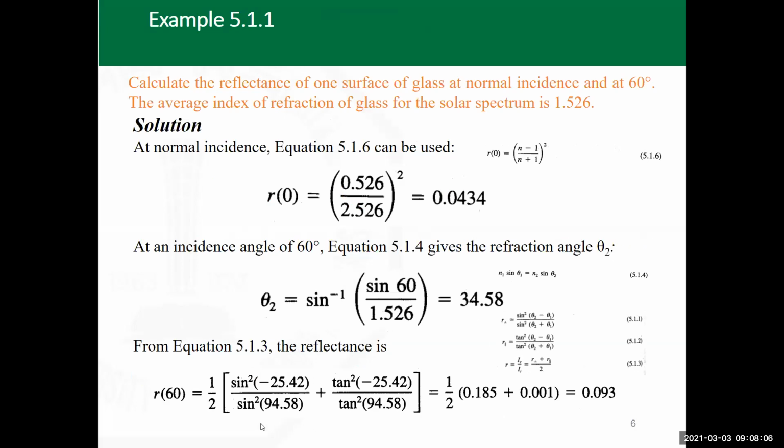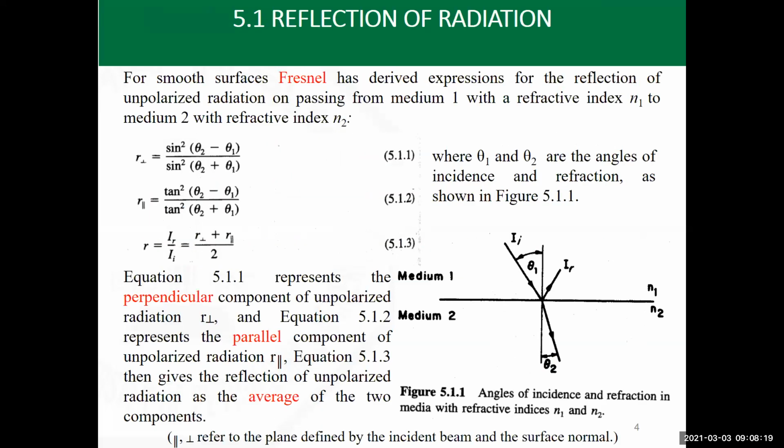What you see here is a combination of equations 5.1, 5.2, and 5.3. In equation 5.3, if you remember, it's the normal reflectance plus the parallel reflectance divided by 2. So that's the normal reflectance, this is the parallel reflectance, and we take the average of them.